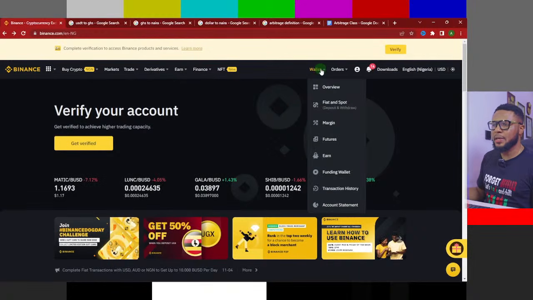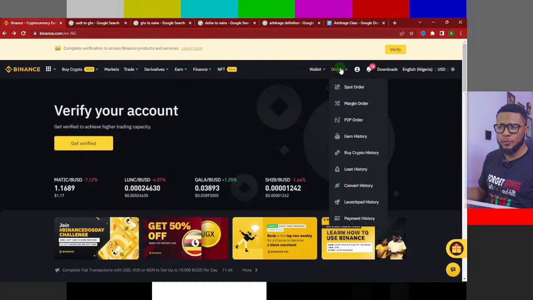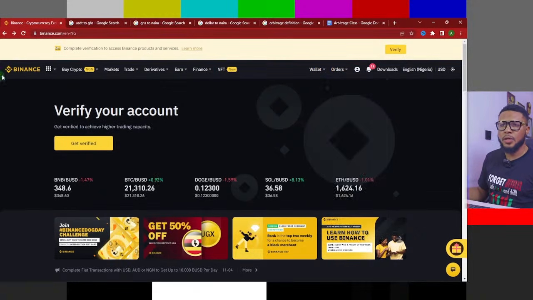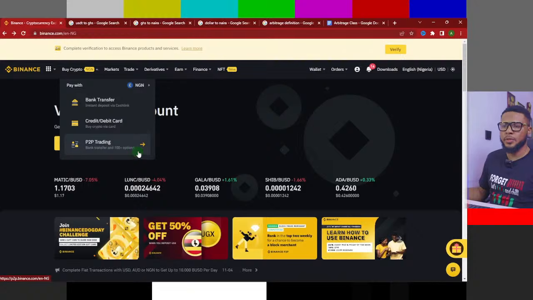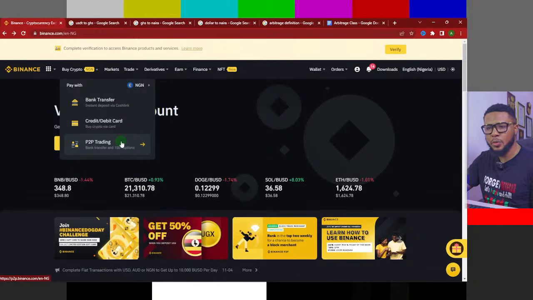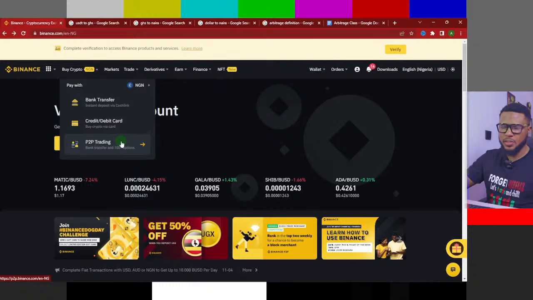So here is Binance. If you come to Binance on your phone, this is something you can do on your phone. Just look for P2P trading. Maybe sometime in the future, I'll make a very short video of how you can do this on your phone, but it's very easy.